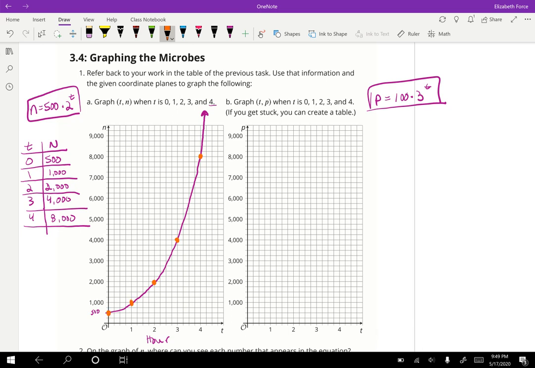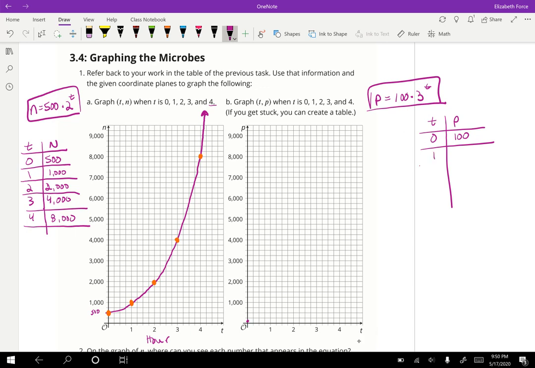So let's do the same thing over on graph B. So let's make a table of values. So we've got T and P. So at hour 0, we started with 100. This is going to be a rough estimate because I know that first line has to be 250. So at hour 0, we're roughly at 100 right there.